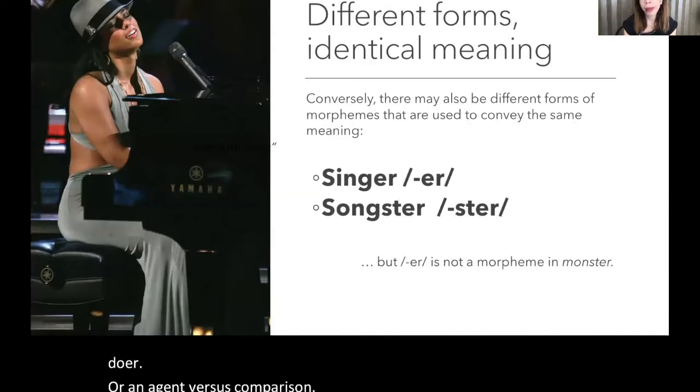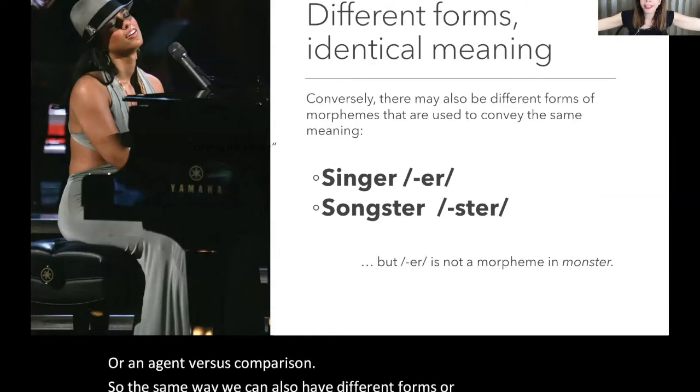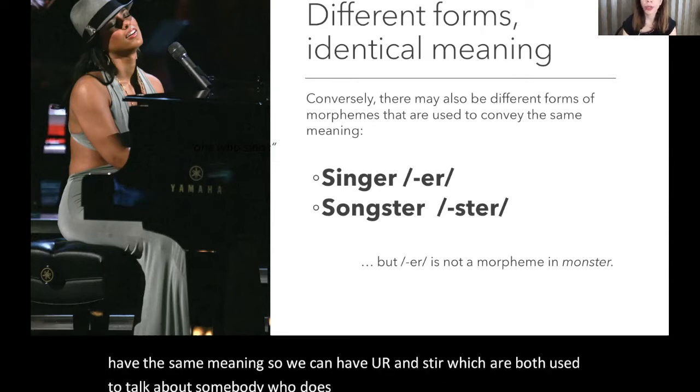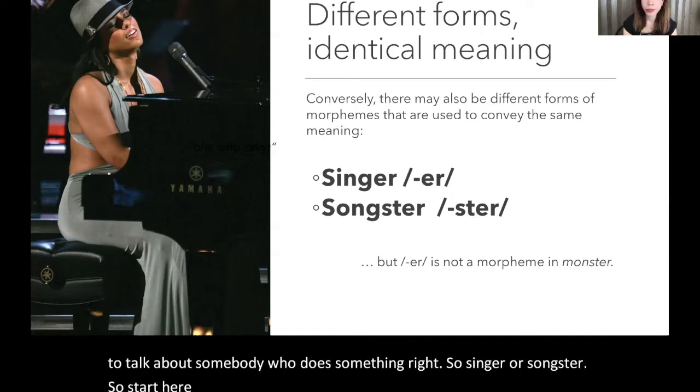In the same way, we can also have different forms or morphemes that have the same meaning. So we can have er and ster, which are both used to talk about somebody who does something, right? So singer or songster. So ster here is an agent.